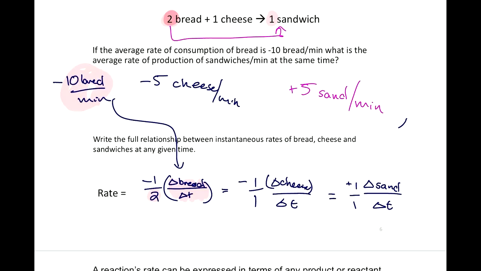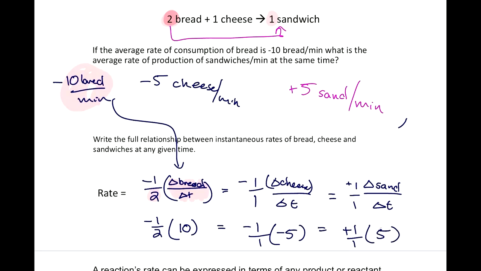So I'll show you. -1/2 over 10 equals -1 over 1 over -5 equals positive 1 over 1 times 5. Is this relationship true? Yes, it's 5 equals 5 equals 5. So this is how we use our intuition with the stoichiometry here, but if you put it into this equation, all of it works out as well.